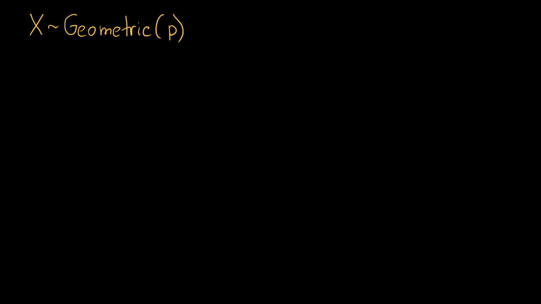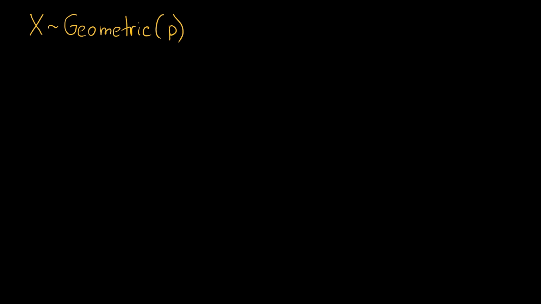So if we're considering tails to be the success, then with the binomial, it was keeping track of the number of times we get tails in n tosses of a coin. But now with the geometric random variable, it's going to keep track of the number of tosses required for us to get tails for the first time.